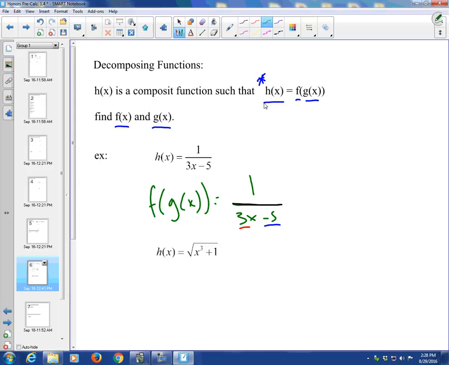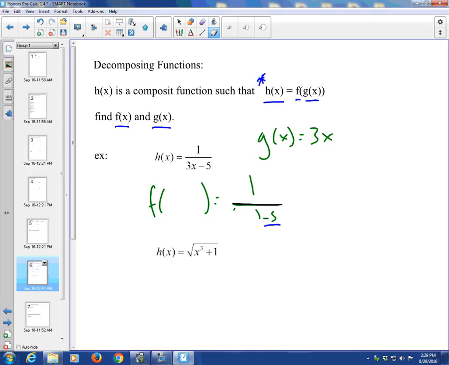If we are looking to identify a g of x, we could say g of x is just going to be that first thing that's happening to x. In that case, we would have g of x as 3x. And then when we take out that 3x, what we'll be left with is our f.